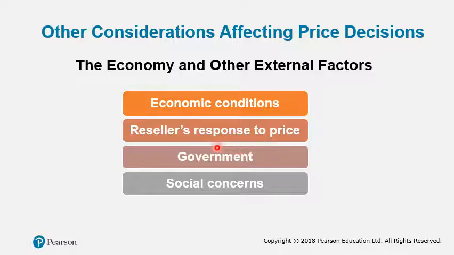And then you have the government. Of course, government will control the prices. Our government is playing a really good role in making sure prices are not very expensive, where they set ceiling prices, especially on food and agricultural products. And also there are some social concerns towards the price.